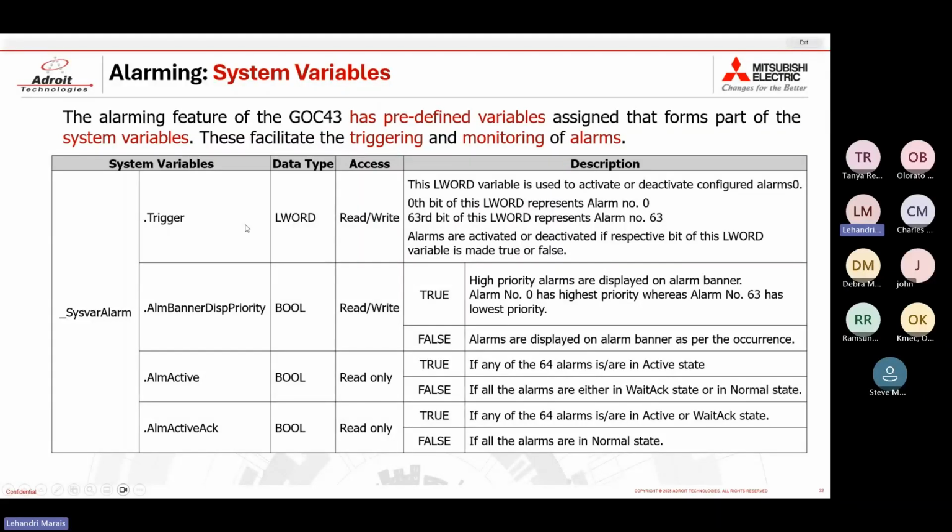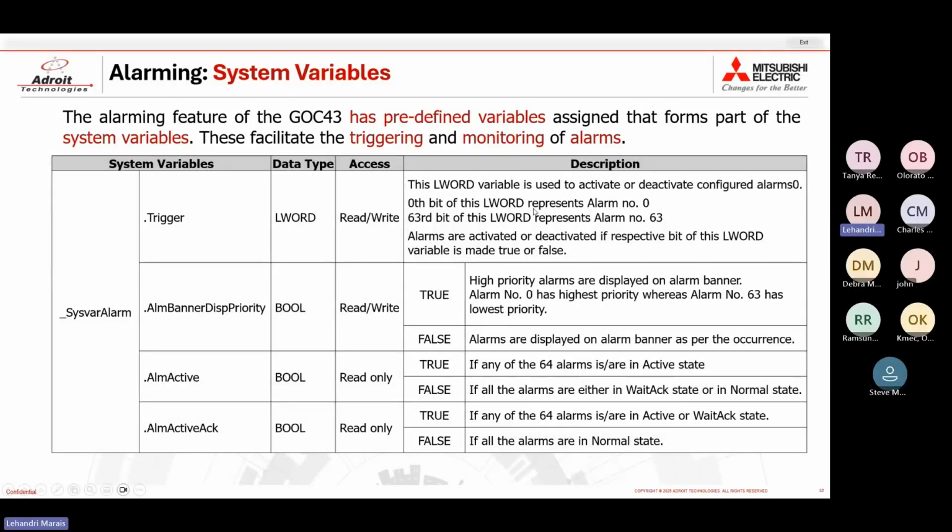Now that's your first system variable, and this is a long word, so this is a 64-bit variable. This variable is actually used to trigger your alarms. How this works is bit 0 represents alarm number 0, with the 63rd bit representing alarm number 63.